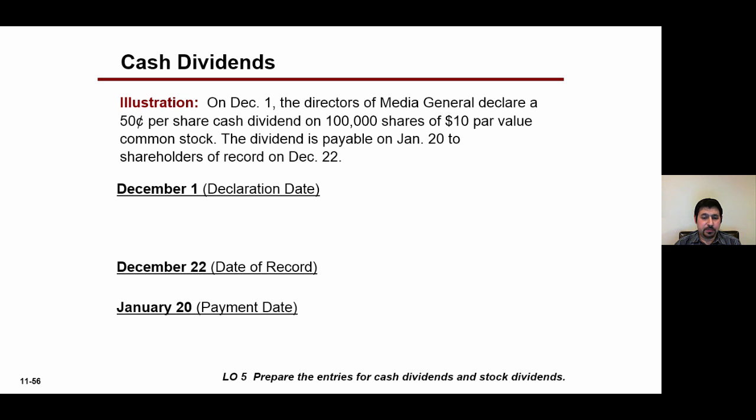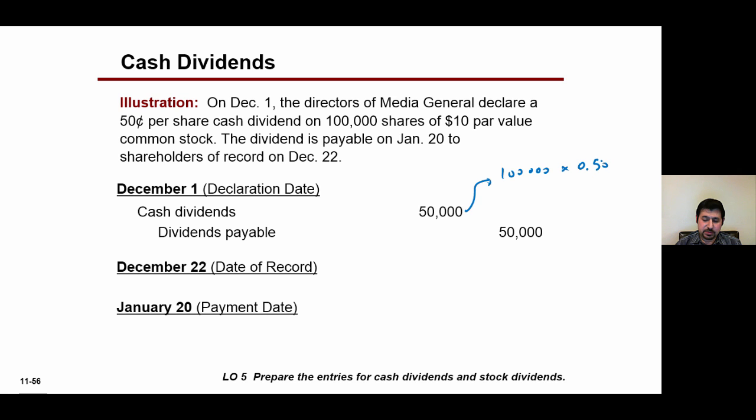Now they owe the shareholders this money, so the company will debit cash dividends 50,000. This is 100,000 shares multiplied by 50 cents. But because the company will not pay it immediately, it automatically becomes dividends payable, which is a current liability.